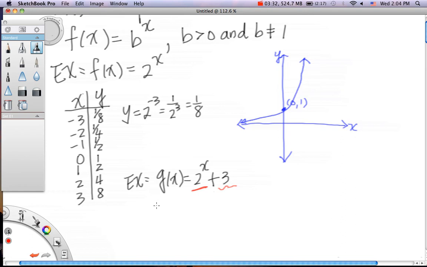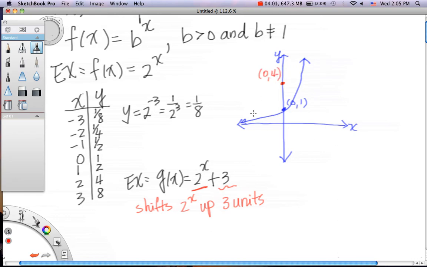So what this is going to do is shift 2 to the x. Can you imagine what's going to happen? It's going to shift up 3 units. So the graph remains the same except every point is moved up 3 units. Instead of going through 0, 1, now it's going to go through 0, 4.